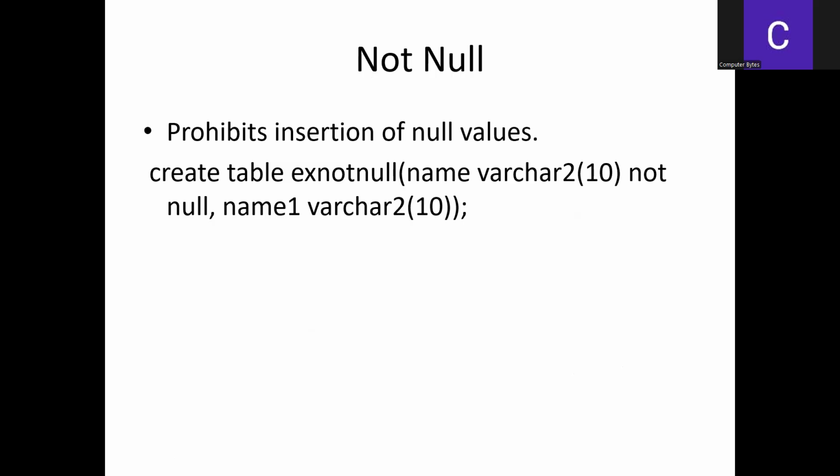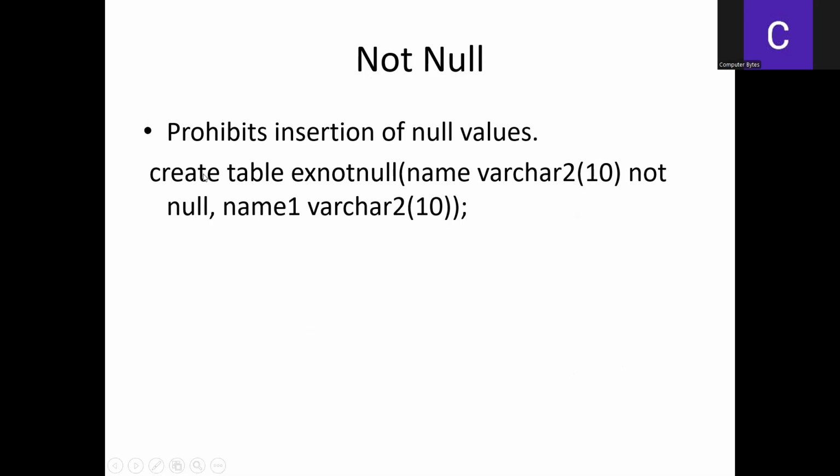What does this mean? It will not allow rows to be inserted without a value for this column. Here, it prohibits insertion of null values. Compulsorily, you have to insert some value if you specify that column as not null.